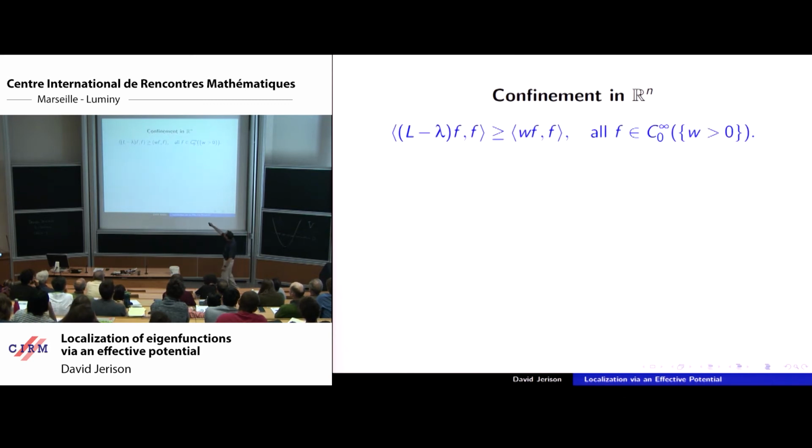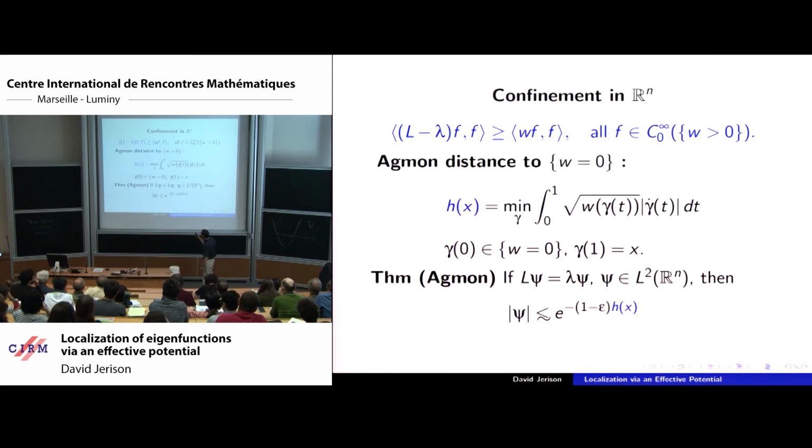So again, this is the key inequality here: you have this lower bound with a weight, and W is non-negative. I didn't say that, but we're only restricting to W positive anyway. And then the theorem was proved by Agmon, and he introduced this so-called Agmon distance.